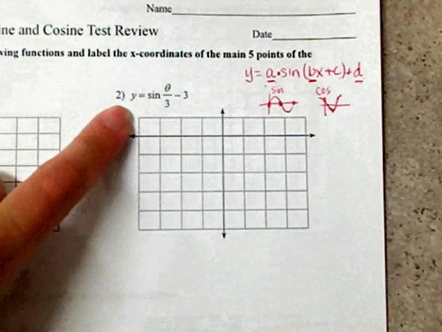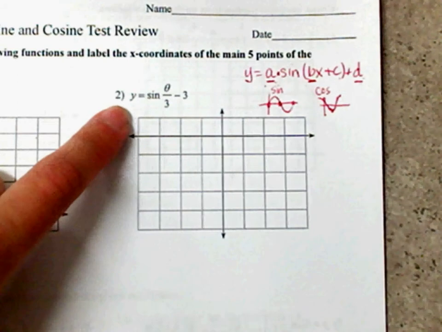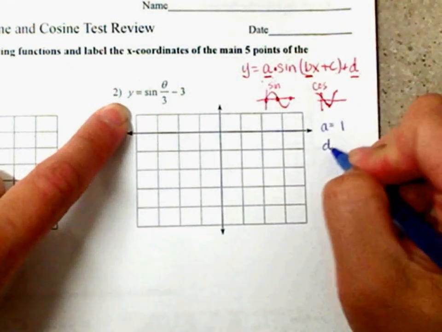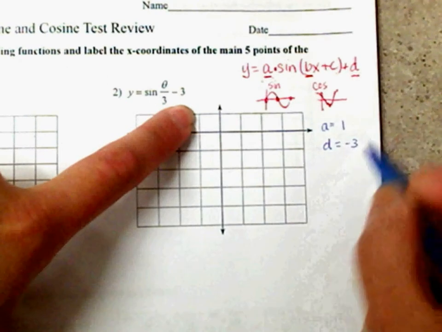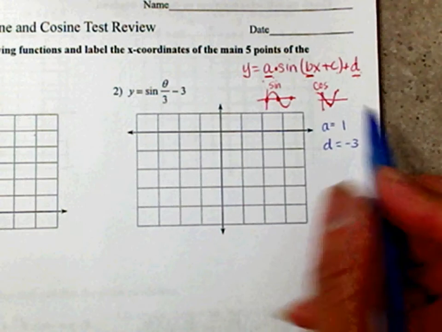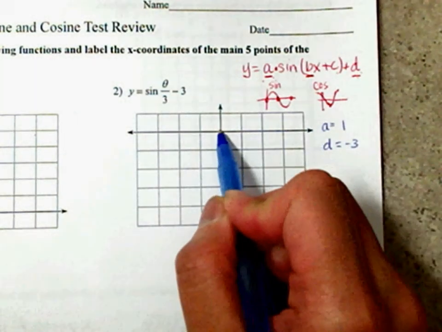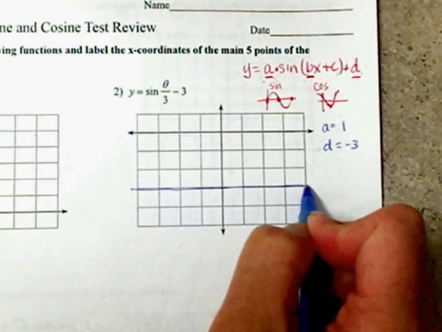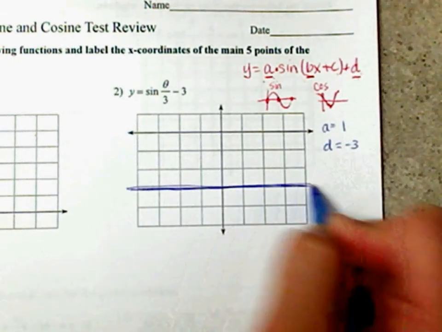Let's look at number 2. Your A is 1, and your D is negative 3. This is your vertical shift. That means you're going to go down 3, so go ahead and go down 3 from your x-axis: 1, 2, 3. And draw yourself a really thick line.